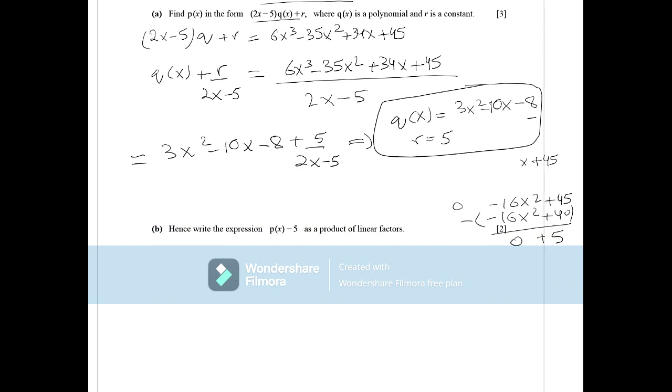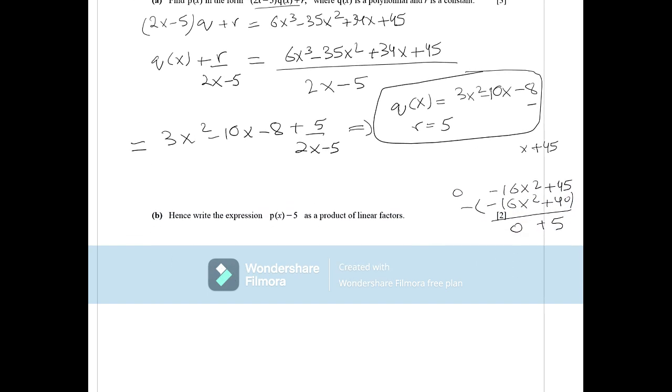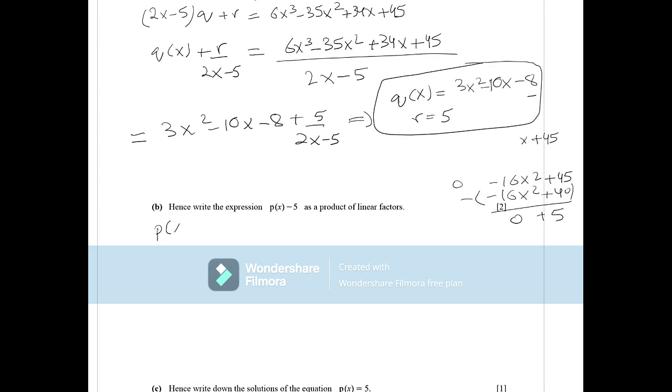For the b part, you need to write this expression p of x minus 5 as a product of linear factors. Your p of x is (3x squared minus 10x minus 8)(2x minus 5) plus 5.